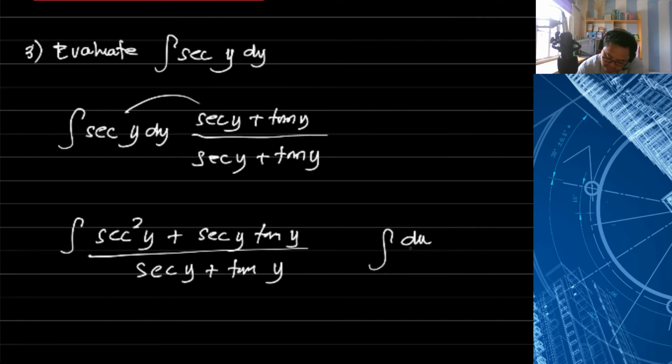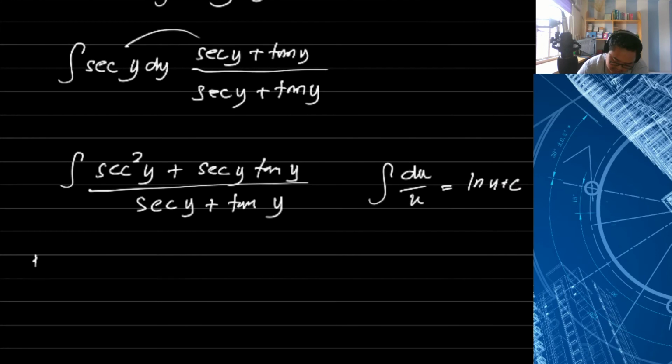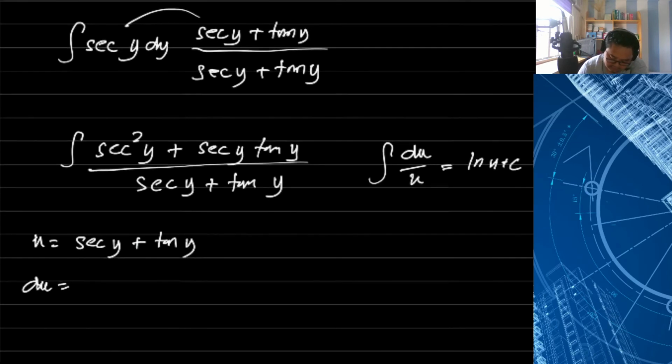So this one is du over u equals ln u plus c. If this is my u, secant y plus tangent y, so what is my du? So you have to recall your differential calculus to get the derivative of secant y and tangent y.